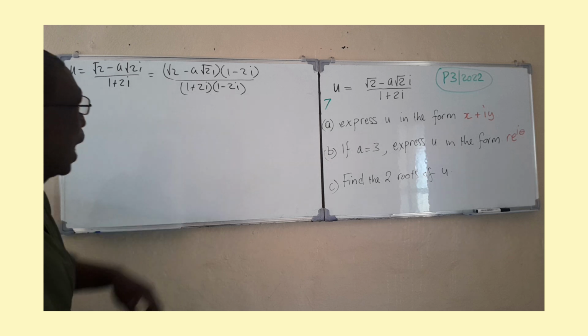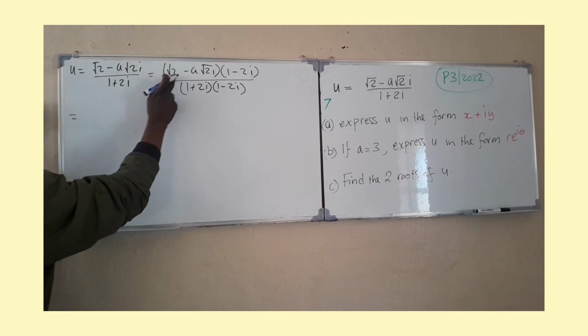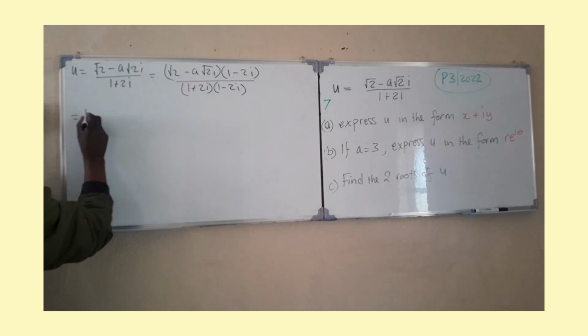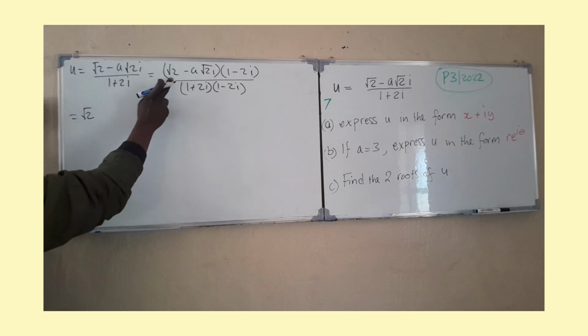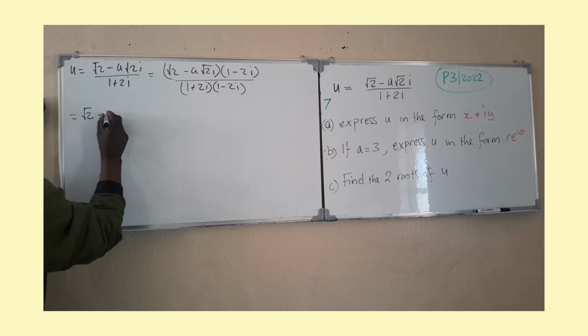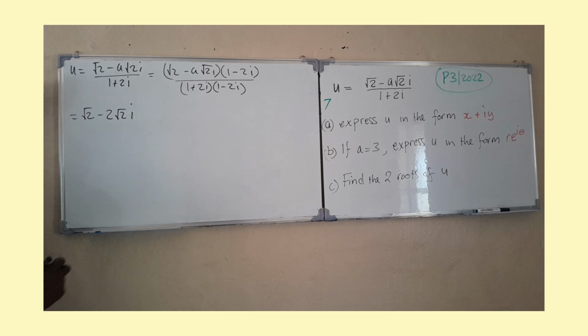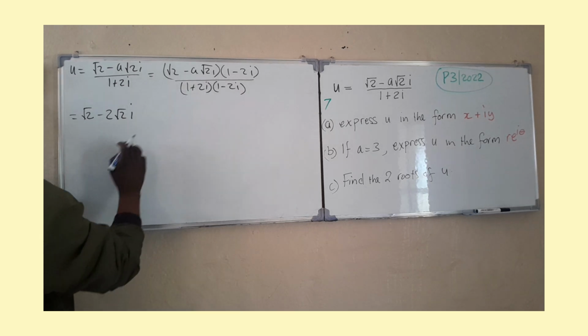Let's simplify. We get root 2 times 1 is root 2. Root 2 times minus 2i, we get minus 2 root 2i. Okay? Right, so we're done with that.